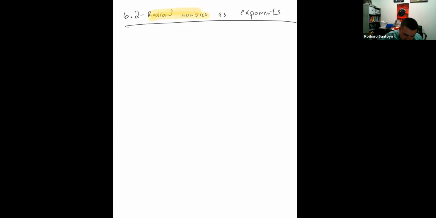If you recall from the previous chapter, rational is just a fancy way of saying fractions. So all we're doing is looking at fractions as exponents, fractions that are in exponential form. Once again, these are just exponents.